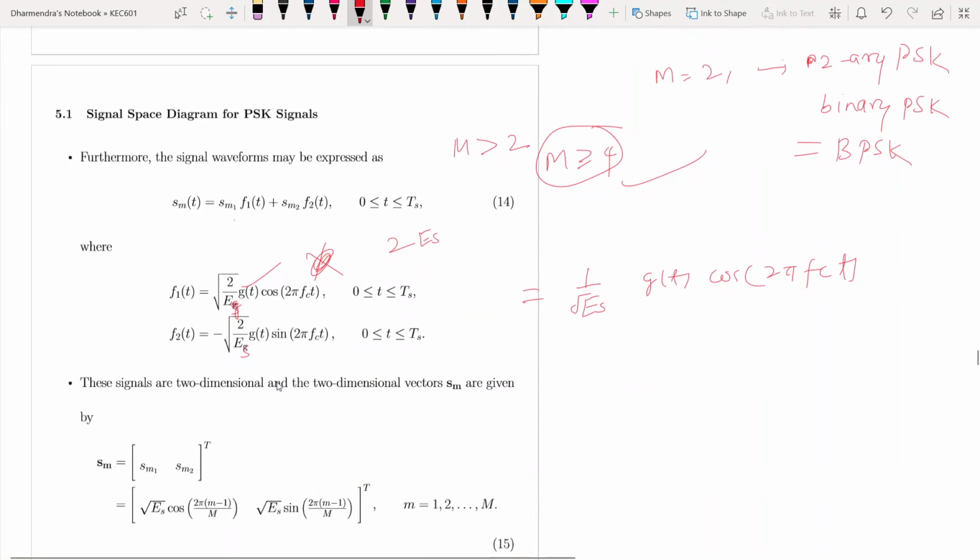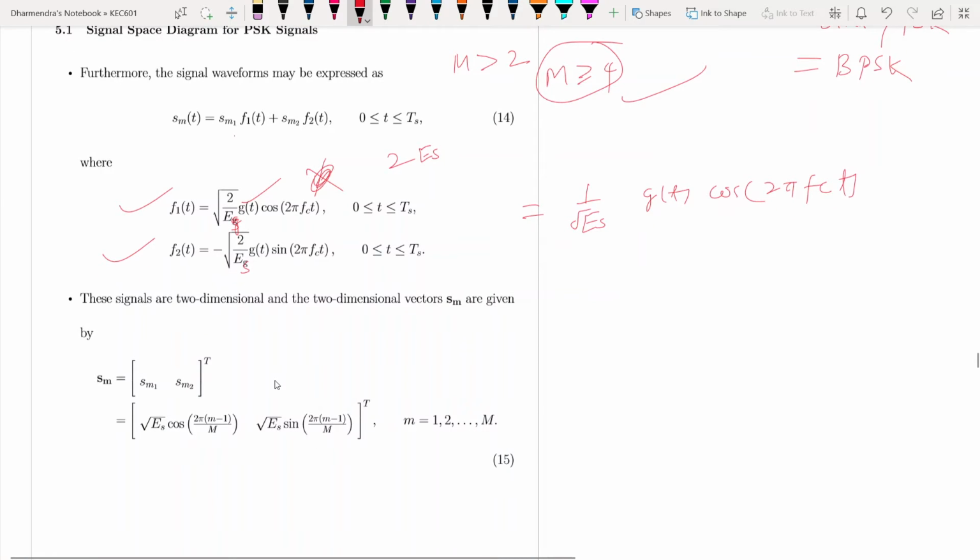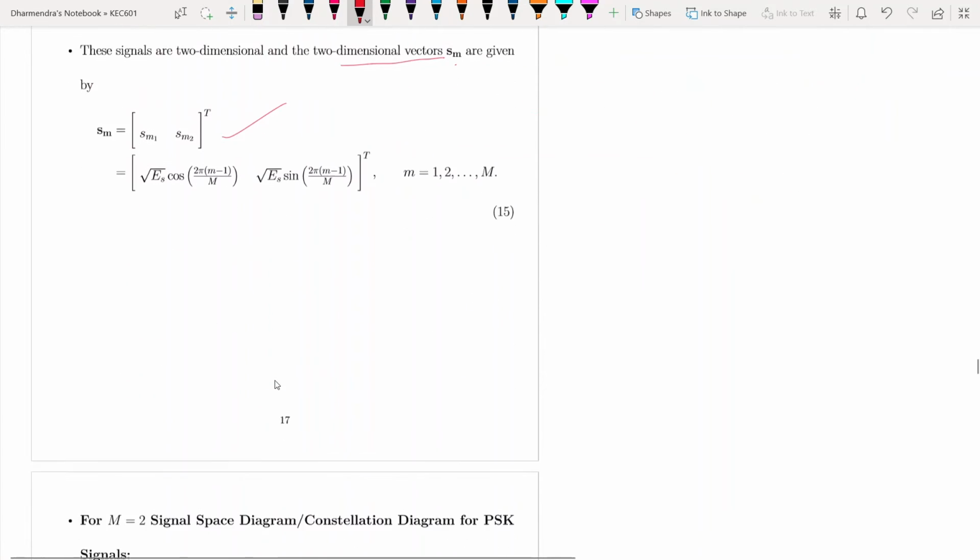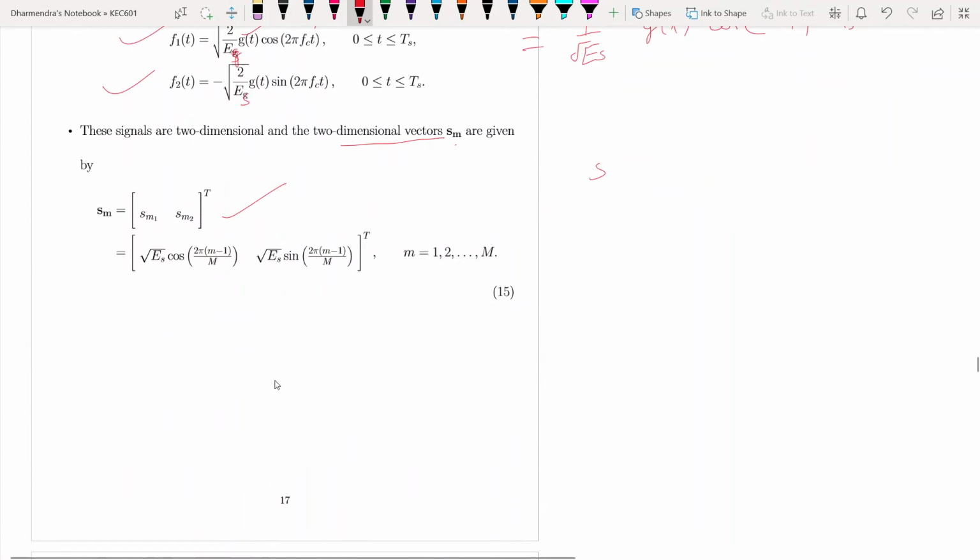So these are two basis functions, f1 of t and f2 of t. If you know the basis functions, you can calculate the two-dimensional vector representation, Sm, in boldface, where Sm1 is the projection of Sm of t on the basis f1 of t, and Sm2 will be the projection of Sm of t on the basis f2 of t.